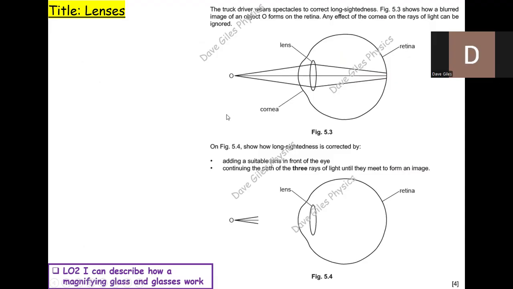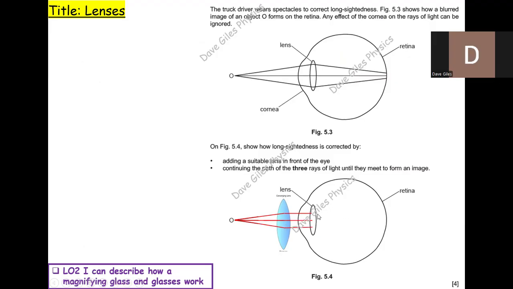Okay, so this person is long-sighted, so we correct that with a certain type of lens. So you can see here the kind of lens we're going to correct it with is a convex lens. That will then bring the lines slightly this way. This one that's going straight won't change.